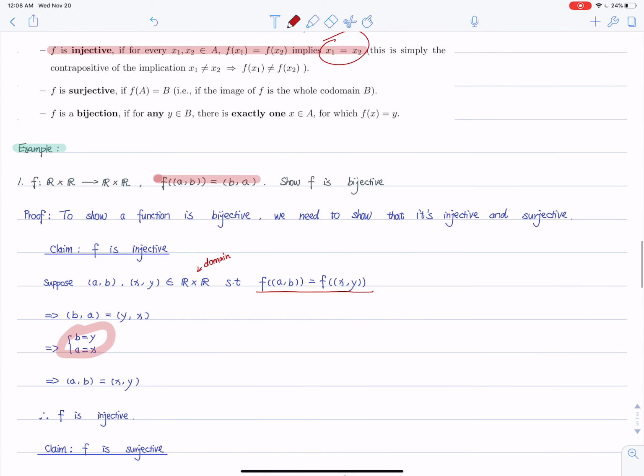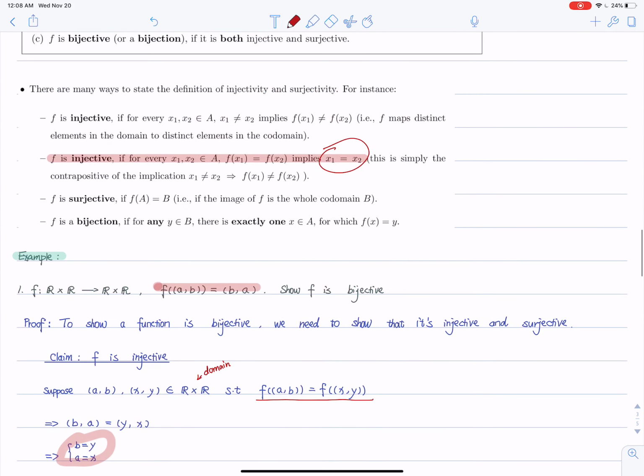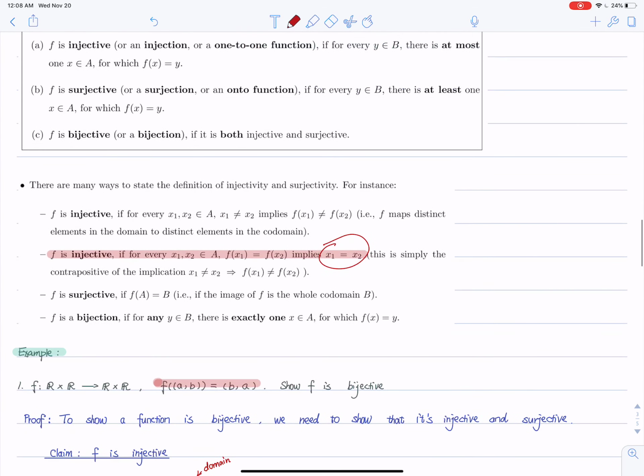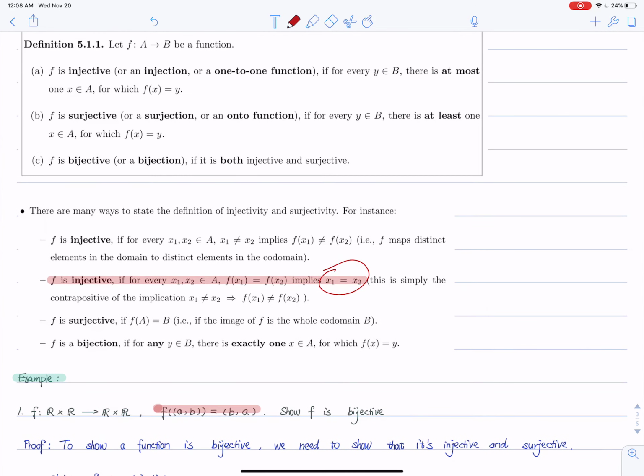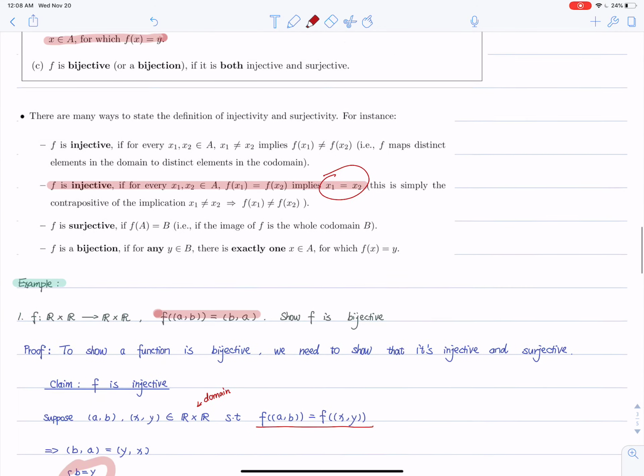For surjectivity, what I used is here: for every y in B there is at least one x in A for which f of x equals y. This is the definition I'm using.